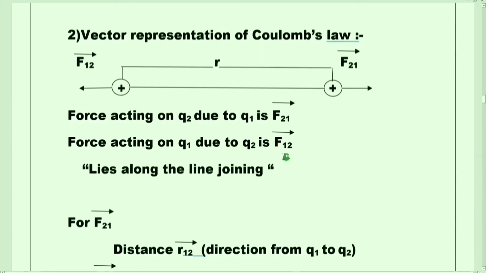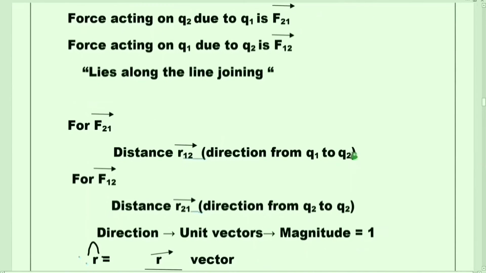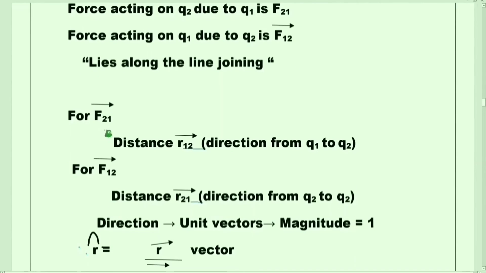Therefore, the forces acting on the charges always lie along the line joining the two charges. For the force F21 vector, that is force on charge Q2 due to Q1, the distance is written as R12 vector, indicating the direction from charge 1 to charge 2.